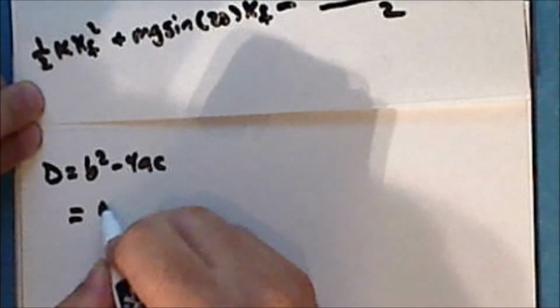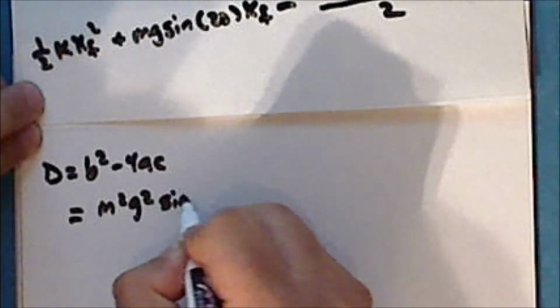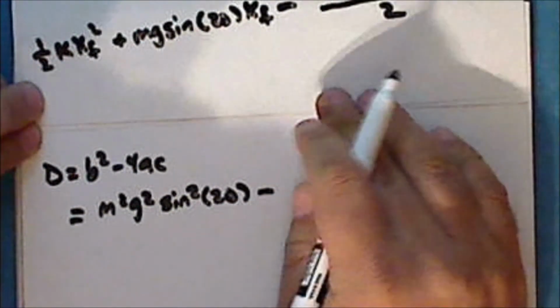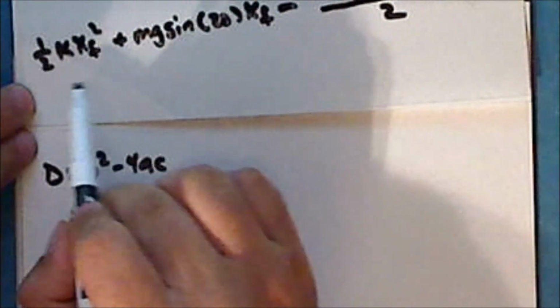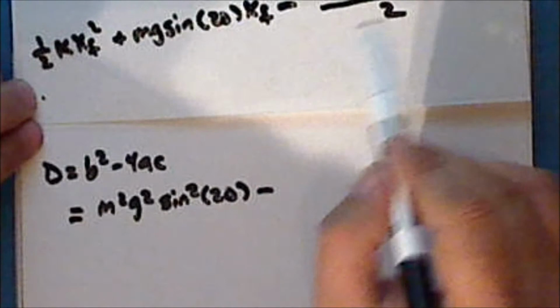So we have m squared g squared times the square of the sine of 20. Now 4 times the coefficient of the square term is 2 times k. 2 times k divided by 2 is k.